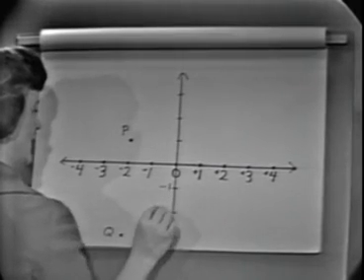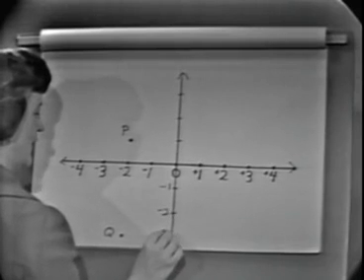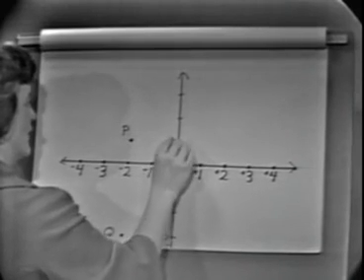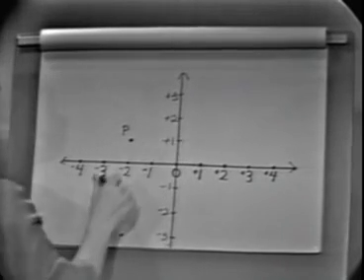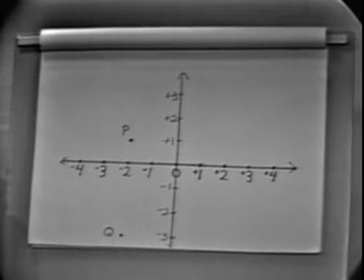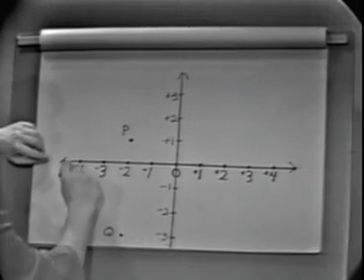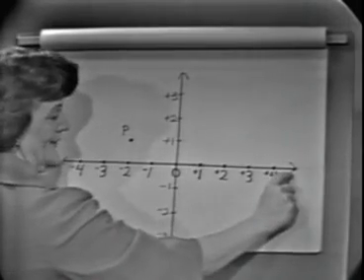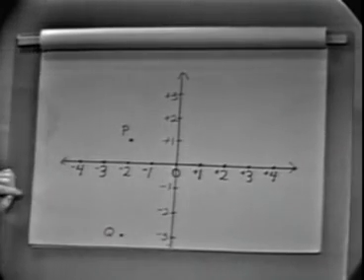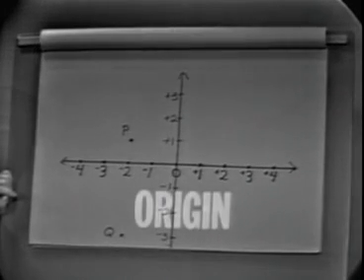Negative 1, negative 2, negative 3, positive 1, positive 2, positive 3. These lines are called our axes, our vertical axis and our horizontal axis. Their point of intersection is called the origin.